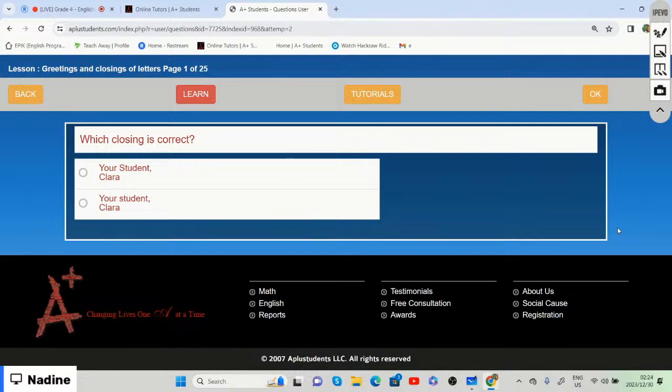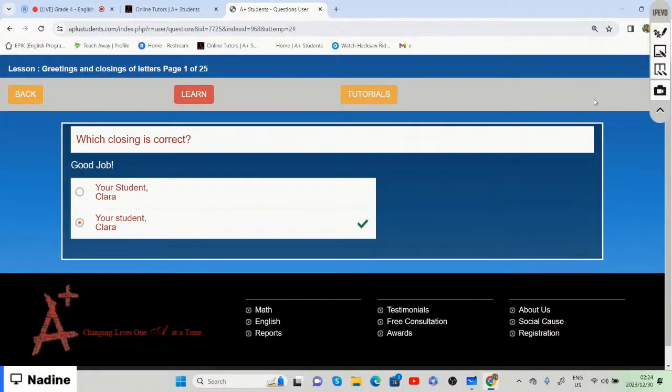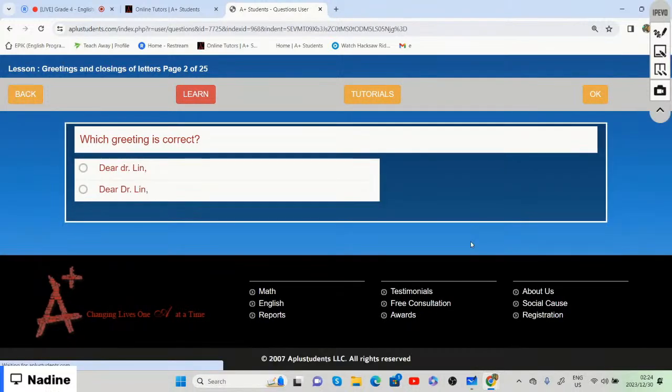If we choose the correct closing, we will go with the second option, because "your" is correct with the capital letter Y, but "student" should be lowercase. So: "Your student, Clara." Only the first word needs to be capitalized. Well done, that is correct.